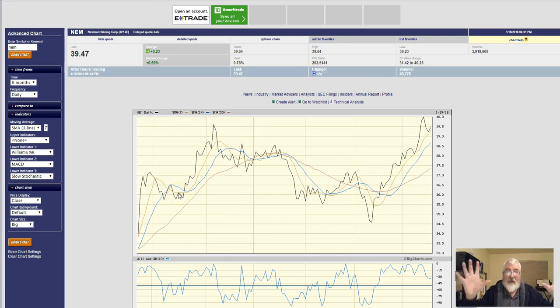You want the big market to be going up, you want your little stock to be going up, and you want the current period of time to be going up also. Or you could do the opposite and have the whole market going down, your stock going down, and the current period of time going down also. But this last year has proven that the stock market is going up, so I wouldn't buck the trend.